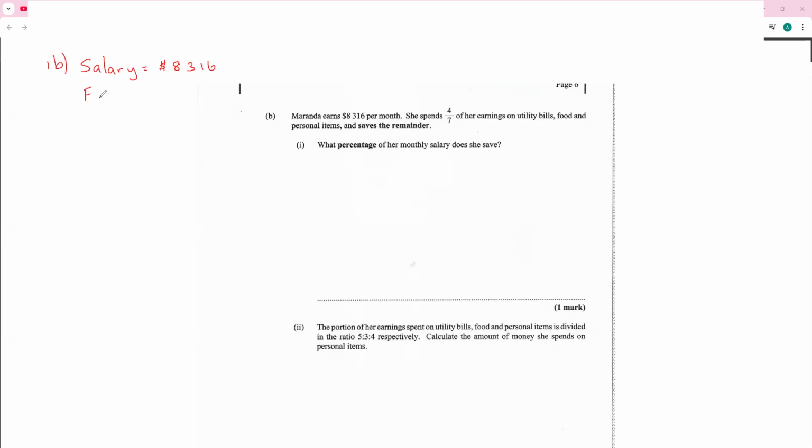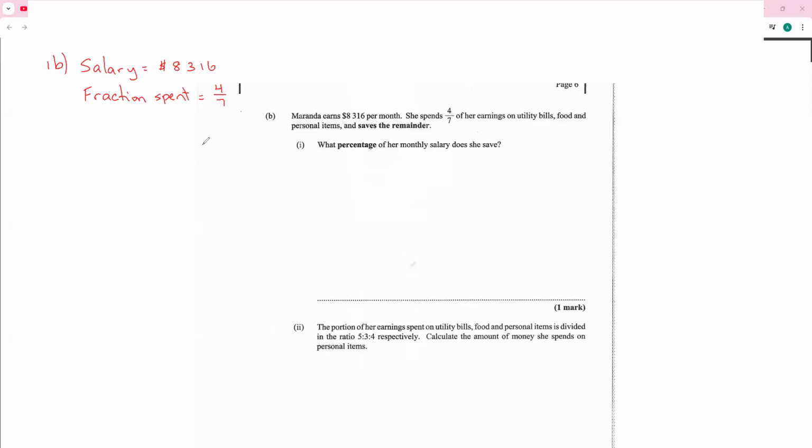Fraction spent is 4/7. Right? So they said 4/7 of her salary was spent on utility bills, food, and so on. The rest was saved. Right? So the rest of it was saved.